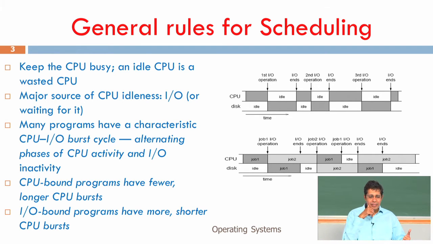So, this particular property, that any program that is executing is an alternating sequence of CPU burst and I/O burst, and that when an I/O burst is happening the CPU is idle with respect to that program, and when the CPU burst is happening the disk, or the I/O peripherals, are idle, this feature is exploited to start executing multiple programs at the same time.